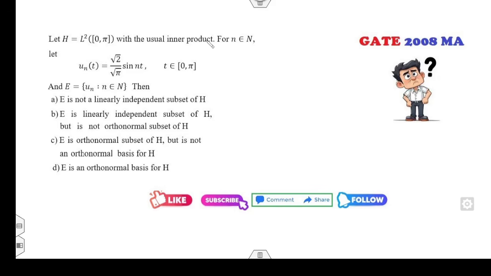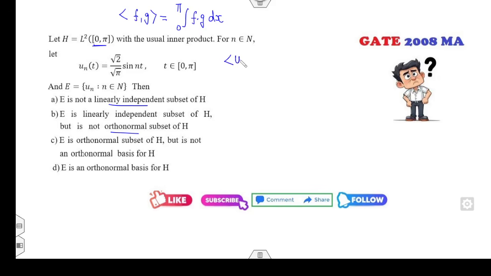Let H be a usual inner product space. Fine, so what do we define? Let's define it with f and g. Let's say the inner product of f and g is defined as the integral from 0 to pi, because the domain is 0 to pi, of f times g dx. Then they are linearly independent, orthonormal, orthogonal, and so on.